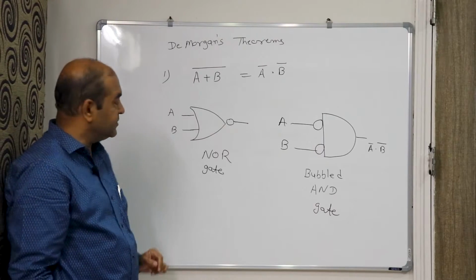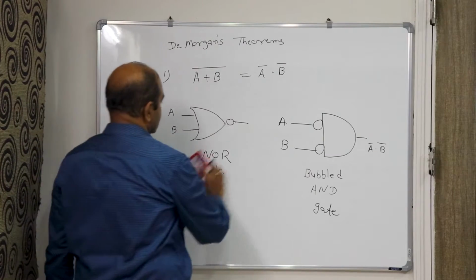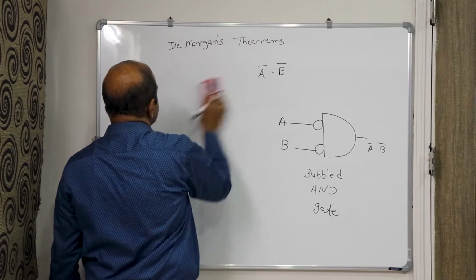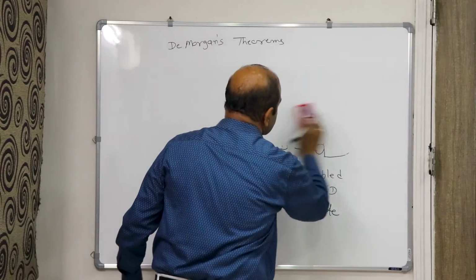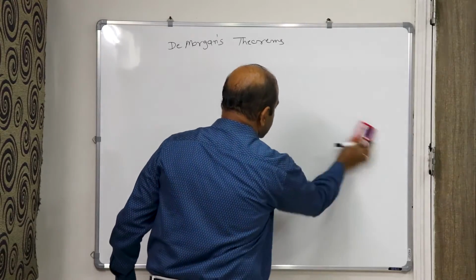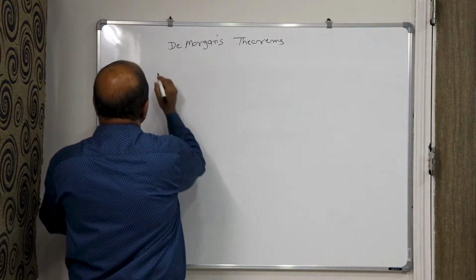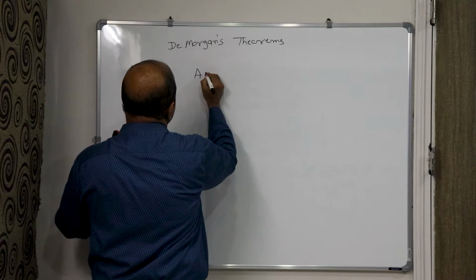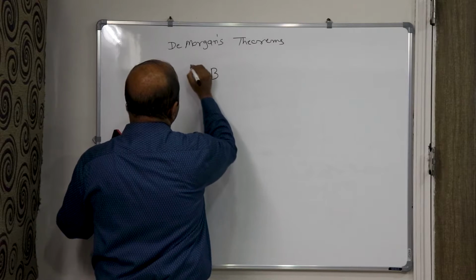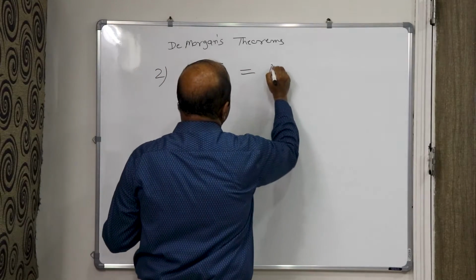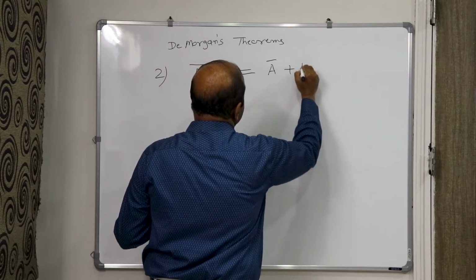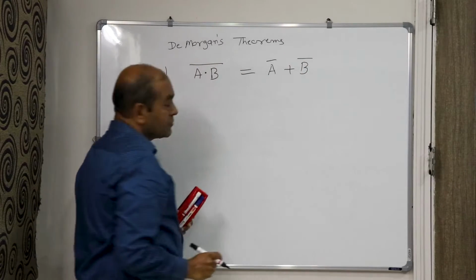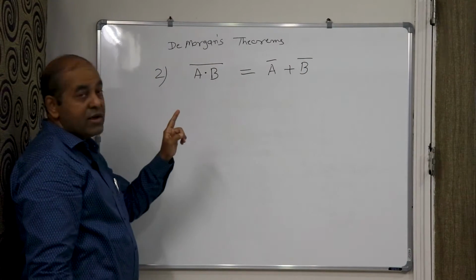Now second theorem. (A dot B) whole over bar.